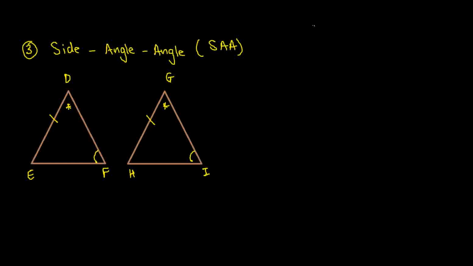So here's my proof. Right, so I'm going to say I'm required to prove that triangle DEF is congruent to triangle GHI. Let's just stick with this one color for now. So let's write out our proof.